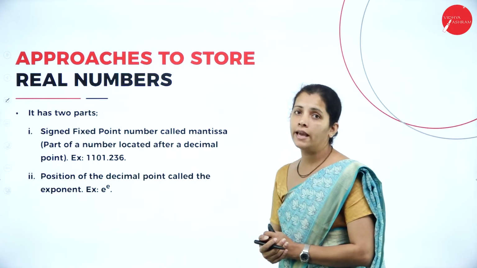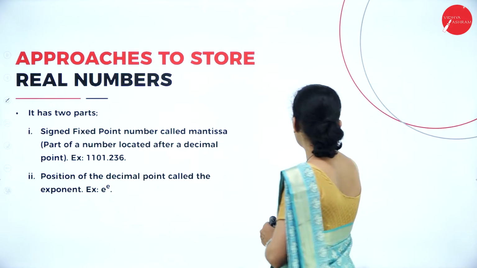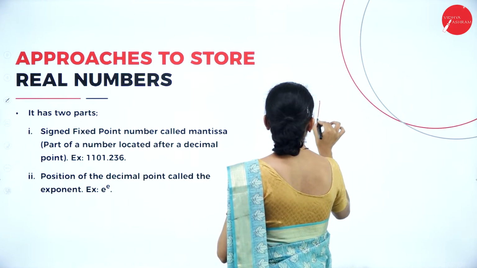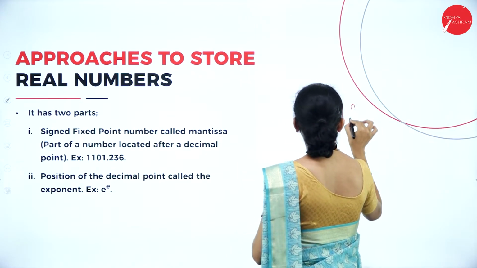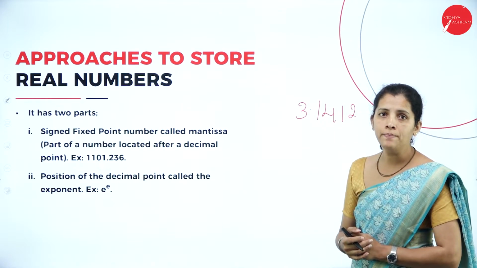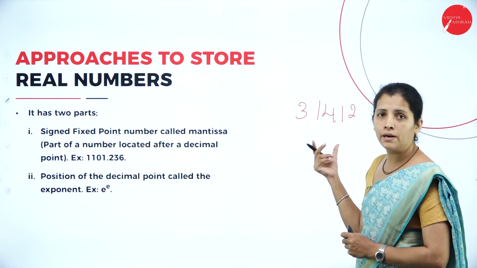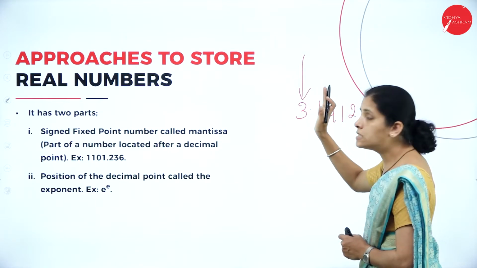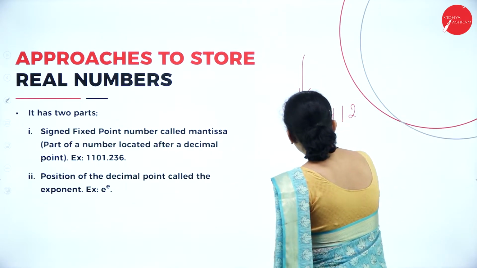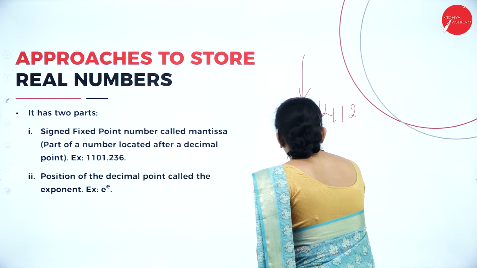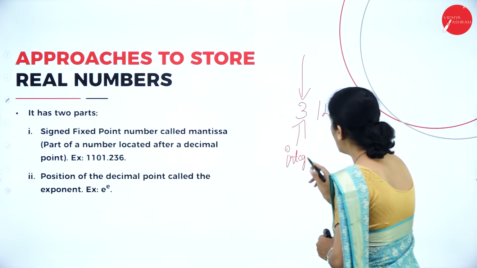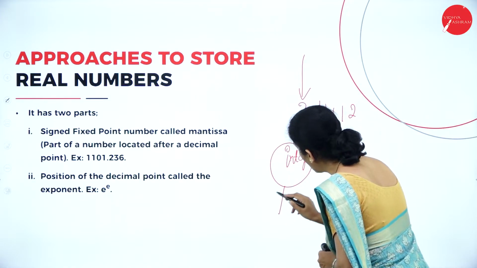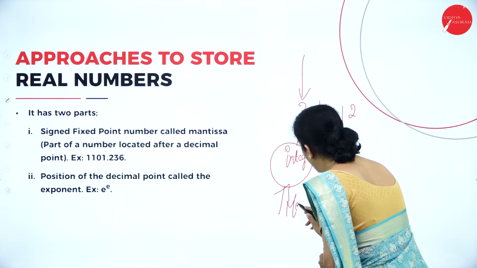Let me write the example here. Think that I have 3.1412. So this is my floating point number. Now, this 3 is nothing but my integer or integral part, and this is itself known as mantissa.